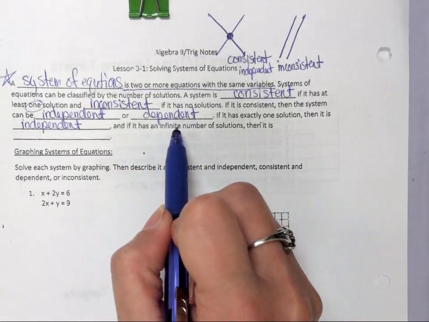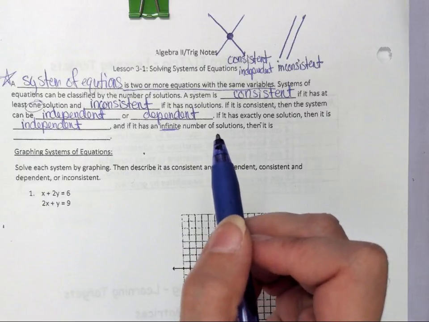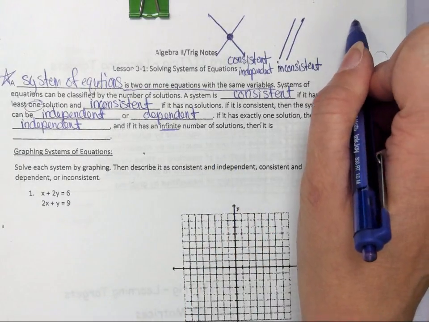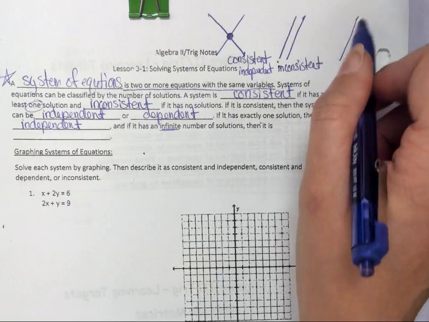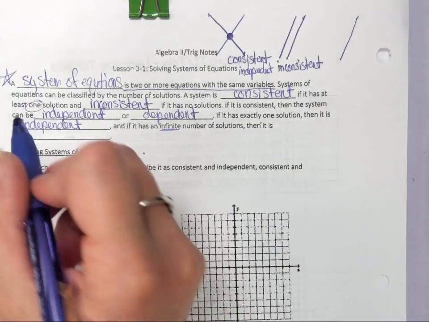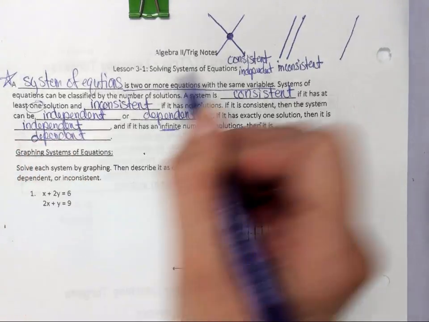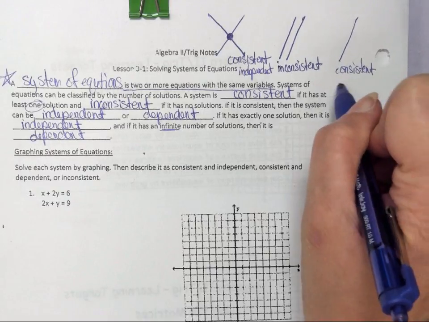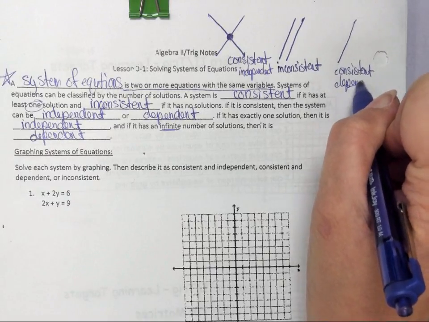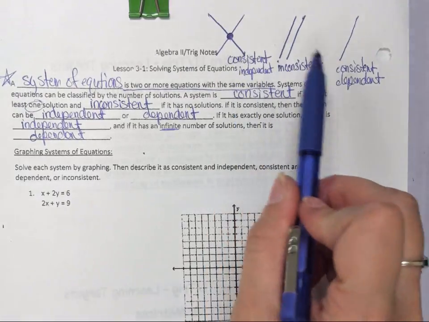All right, if it's an infinite number, what do I mean by infinite? That means every single point is the same. If every single point is the same, then that's the same exact line. So the two equations come out to be the same line. Then it is dependent. So if it's the same line, we call it consistent and dependent.